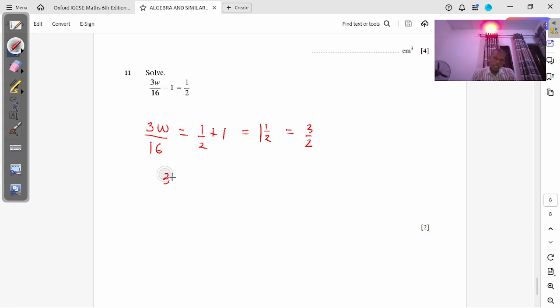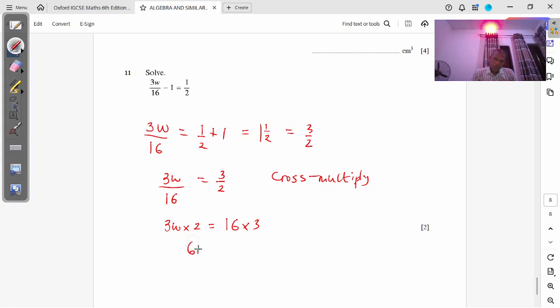So I have 3w over 16 is equal to 3 over 2. Now I can cross multiply to get the value of w. So 3w times 2 is equal to 16 times 3.